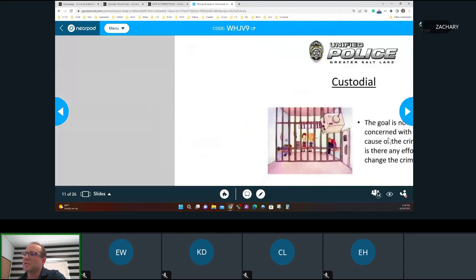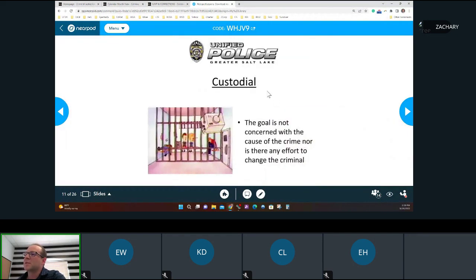But rehabilitation is another one. The next one is custodial. The goal is not concerned with the cause of the crime, nor is there any effort to change the criminal. So this one is just, look, people are what they are. They have their nature. We're not going to do anything. We're just going to lock them up and keep them there.